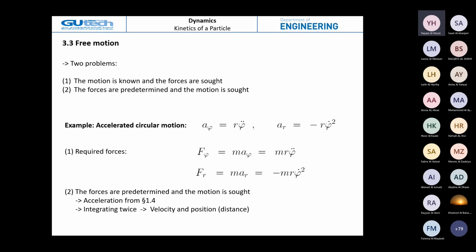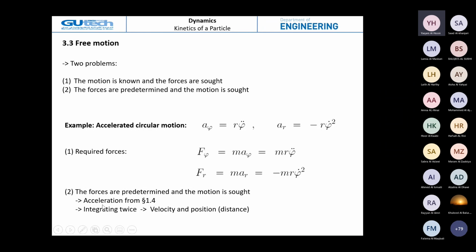Then the radial one we replace by its value, which will be negative, and the force here we multiply by its value r phi dot dot, and we get the force in the circumferential direction. Now the forces are predetermined and the motion is solved.